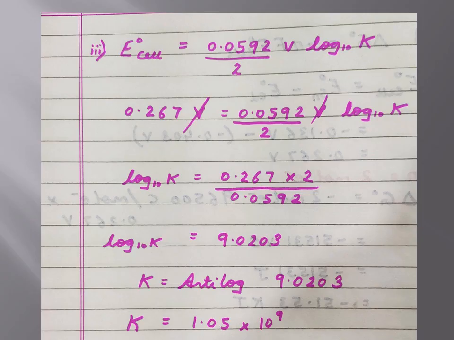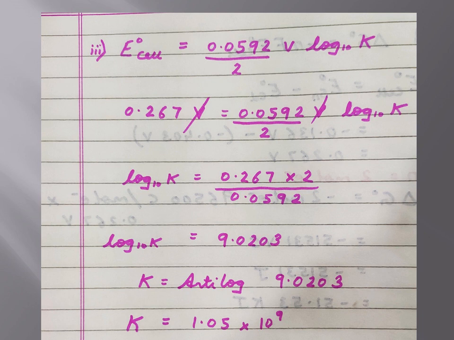The third part of this numerical is to find out the equilibrium constant. So over here we will be using the formula E0 cell is equal to 0.0592 upon 2 volts log K. We have found the value for E0 cell, that is 0.267, equal to 0.0592 upon 2, where 2 is the moles of electrons, times log K. As we need to find the value of log K, we shift all the other terms to one side.